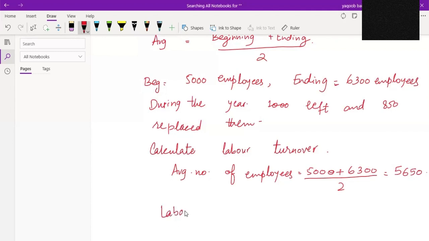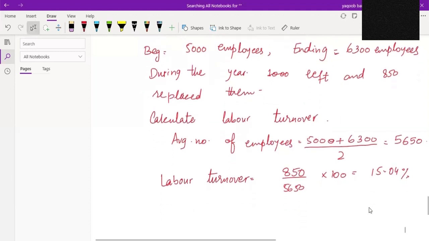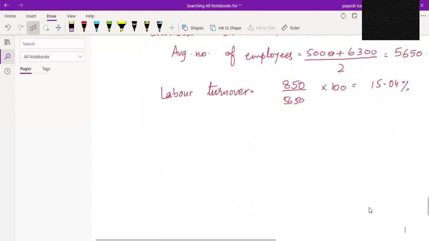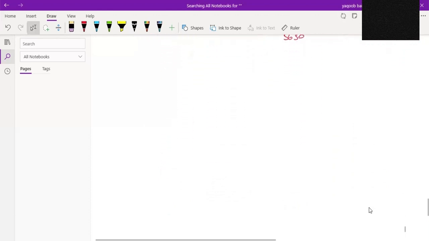So labor turnover is equal to number of leavers who have been replaced, 1,000 left the company and 850 replaced them, divided by average number of employees 5,650, into 100. So 850 divided by 5,650 into 100 is 15.04%. This is the way to calculate the labor turnover ratio. Anyone, any question?